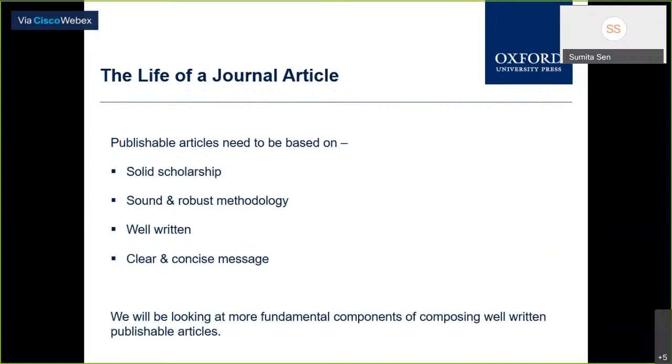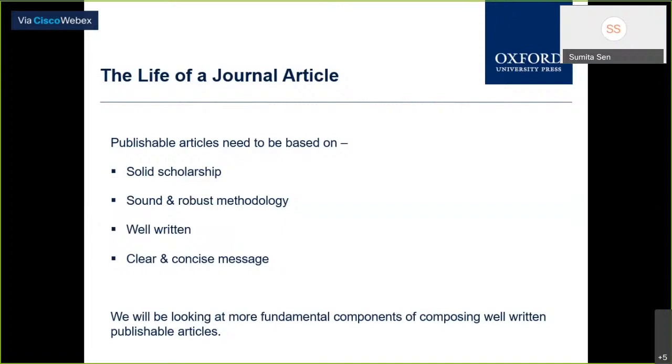Publishable articles need to be based on solid scholarship. It is like the Fair and Lovely ad, which says you apply and then you become fair. There is no proof. It just runs on advertisements, and it should have been banned a long time ago. Now, you can't sit around and say, I was sitting under a tree and a coconut fell on my head, and I threw it up and it fell down again.